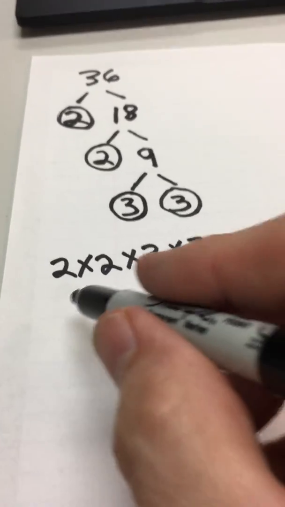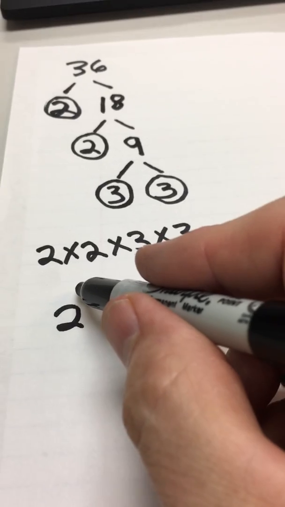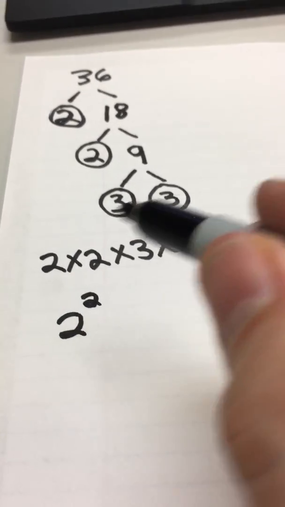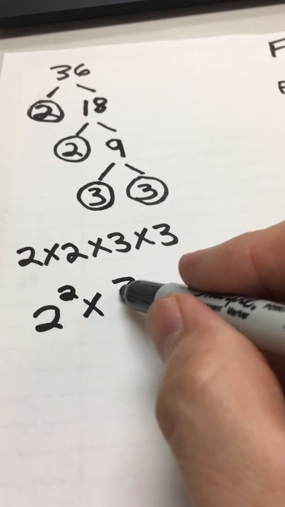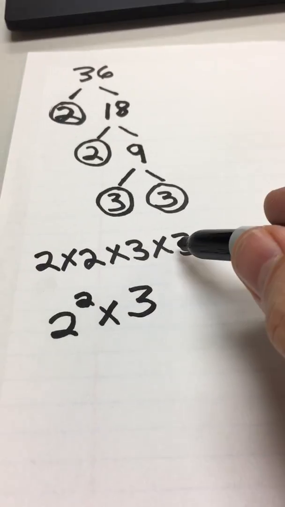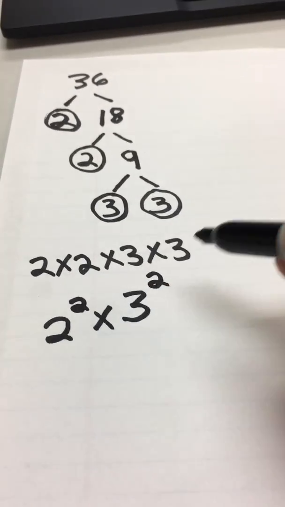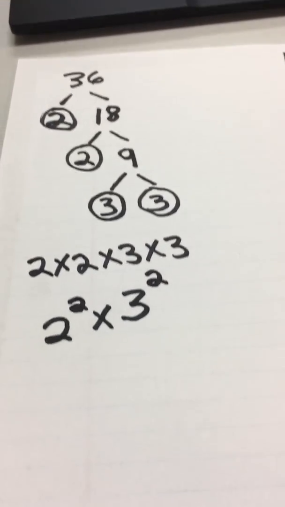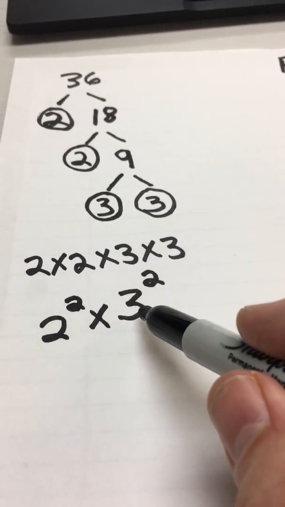How many 2's do we have? Well, there are 2 of them. So that means that we have 2 to the second power, or 2 squared. We also have to have 3 in there, a base of 3, and we have 2 of those, so 3 is also squared. So the prime factorization for this particular problem is 2 squared times 3 squared.